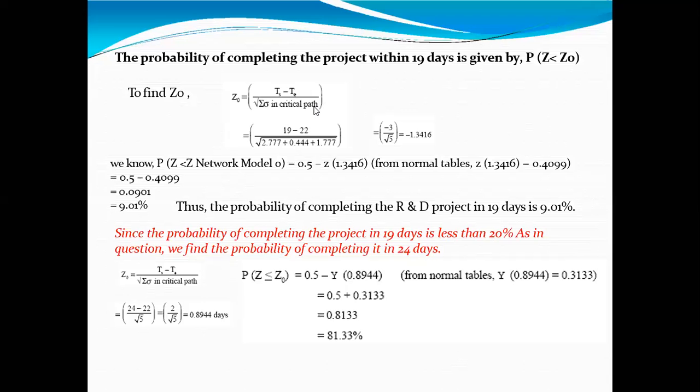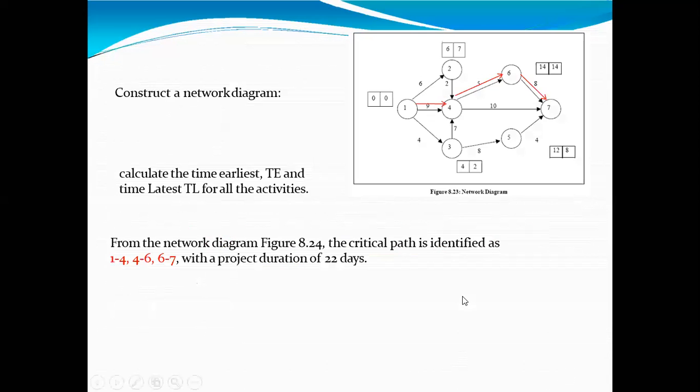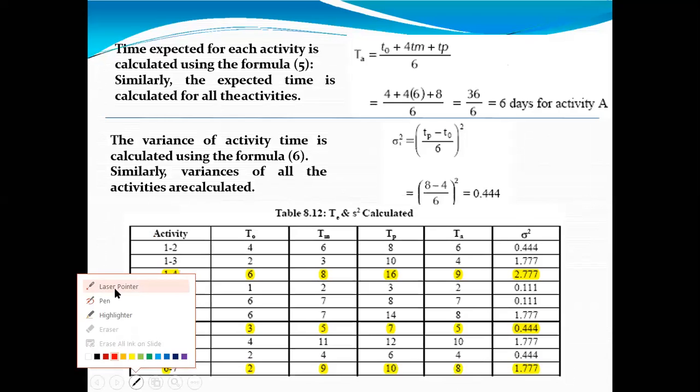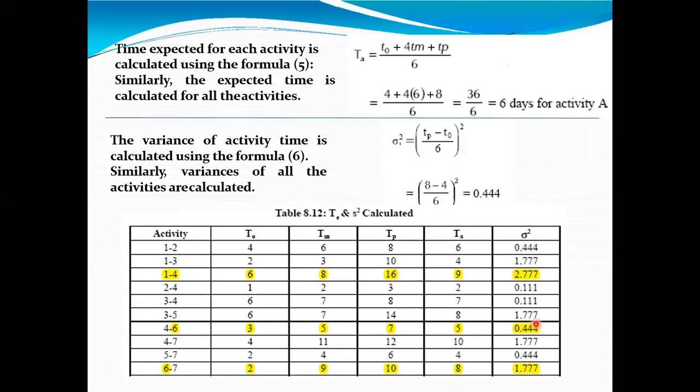That's why in the first case, in this table, we have calculated the sigma of all the activities. In that, activities 1 to 4, 4 to 6, and 6 to 7 are the critical activities, shown with the yellow color background, because only these three values we have to take. Why?